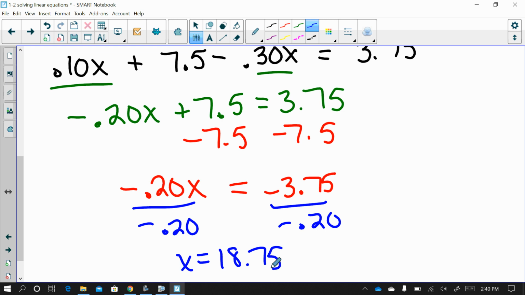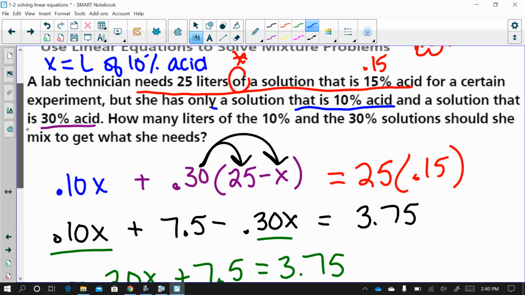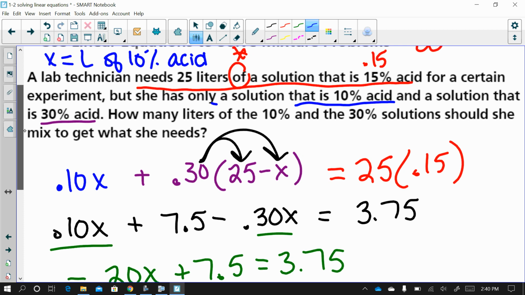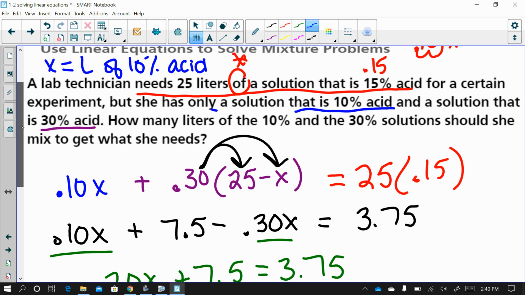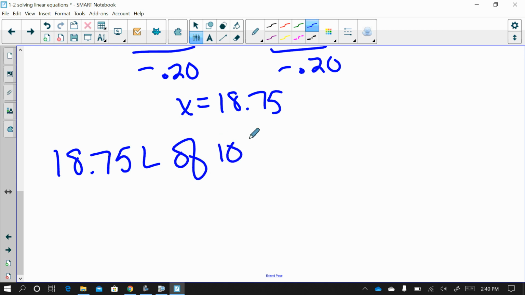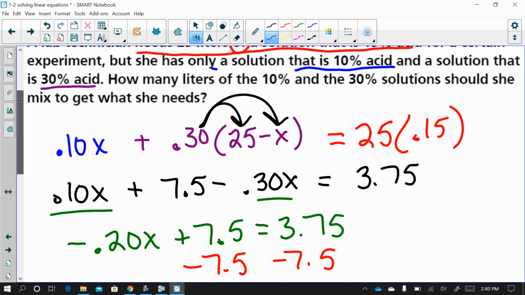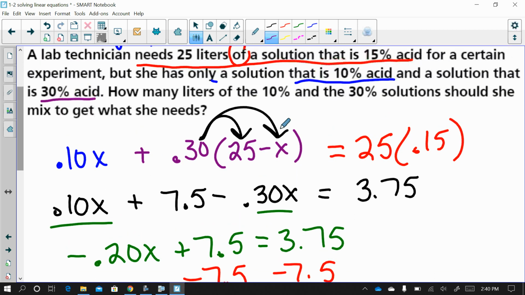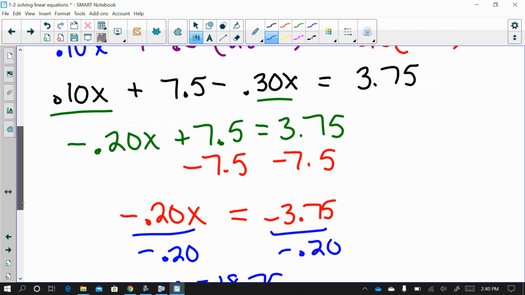Does this answer the problem? Well, I needed to know the liters of the 10%, the liters of the 30%. Well, I know X was the liters of the 10%. So I need 18.75 liters of 10% acid. How much do I need for the 30% acid? Well, remember X was the 10, so 25 minus X was my 30%.